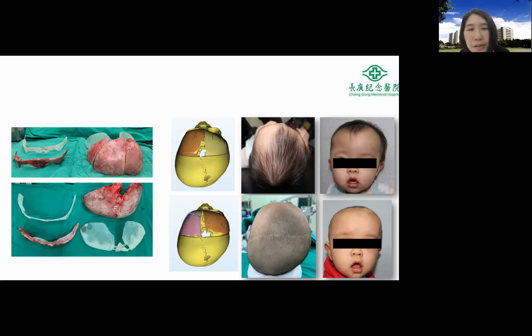I just try to do a symmetric forehead on the bone shape. But of course, I don't have a long-term follow-up for these cases. But I think different surgeons, they have different opinions on the design. Yes, I think so.